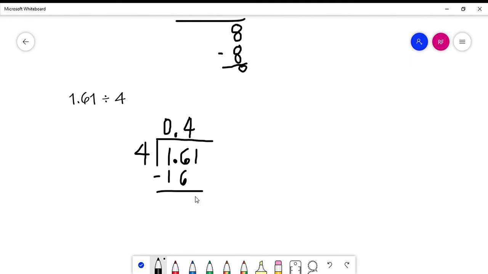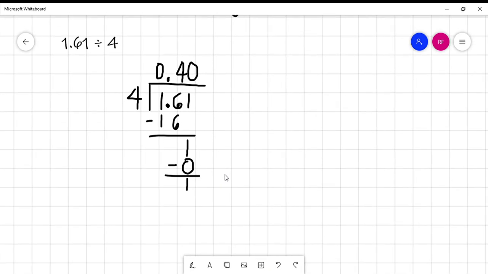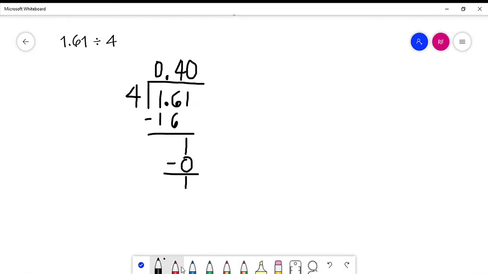Bring down 1. So 1 divided by 4, we cannot divide 1 by 4, so we write 0 here. So 0 times 4 is 0. Subtract. The difference is 1. As you can see, our difference is not 0 yet. So if this happens, we need to annex 0 here, another digit, and then bring it down.